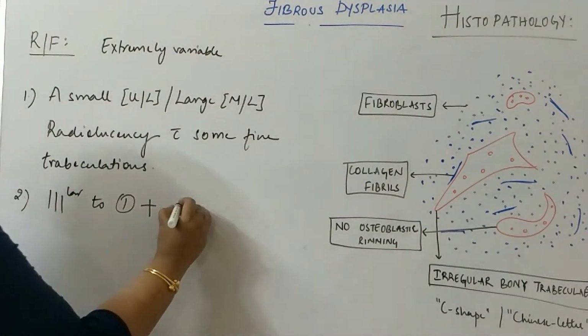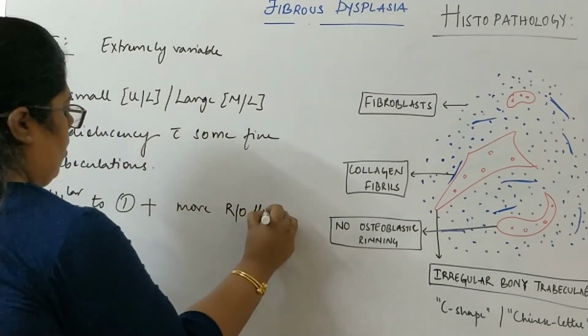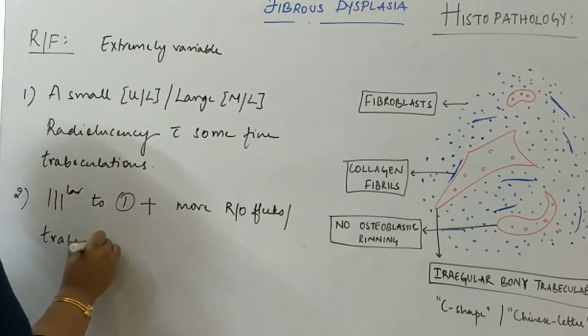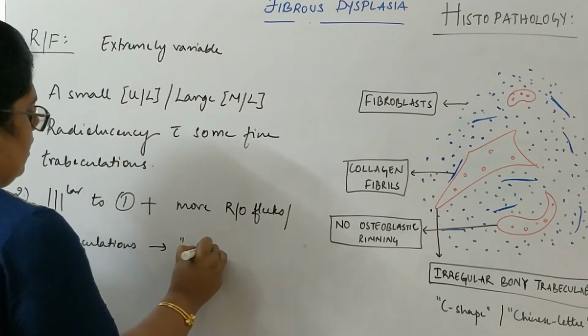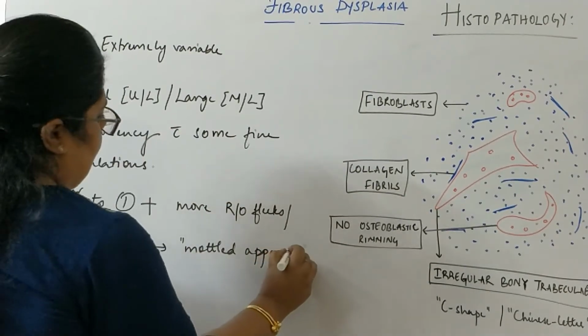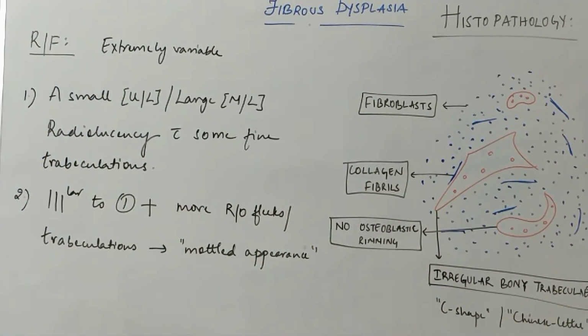You will see more radiopaque flecks or trabeculations. This will give the radiograph a mottled appearance.